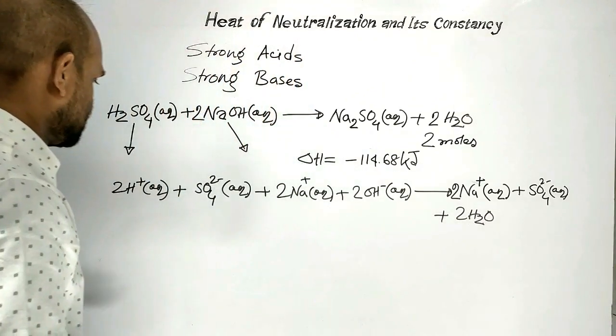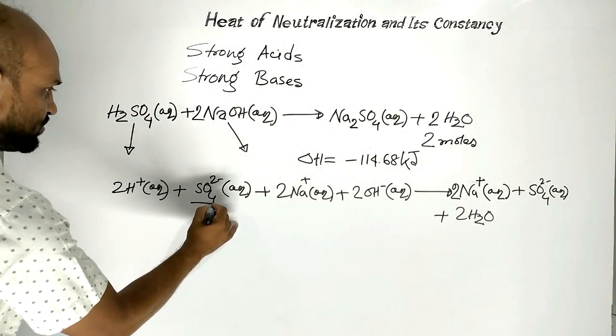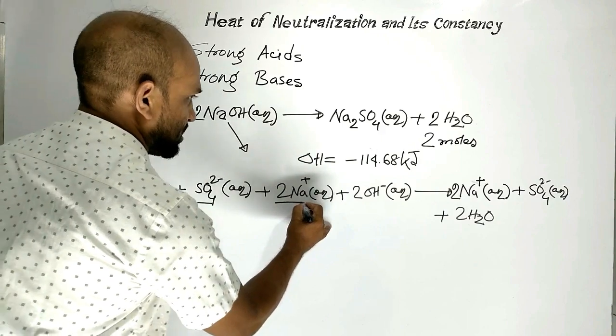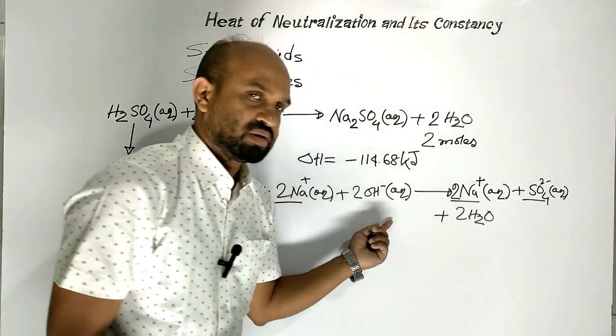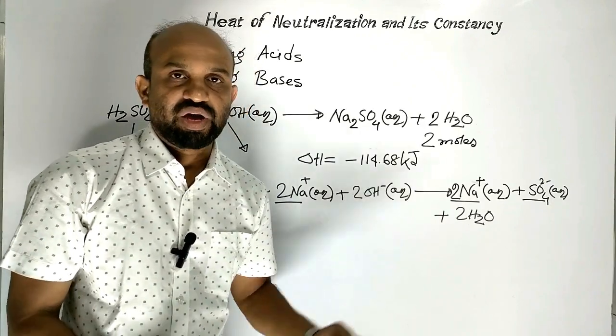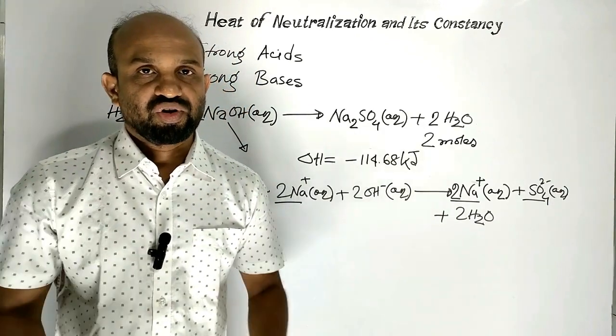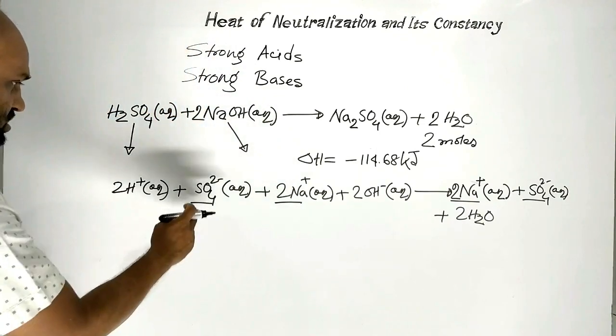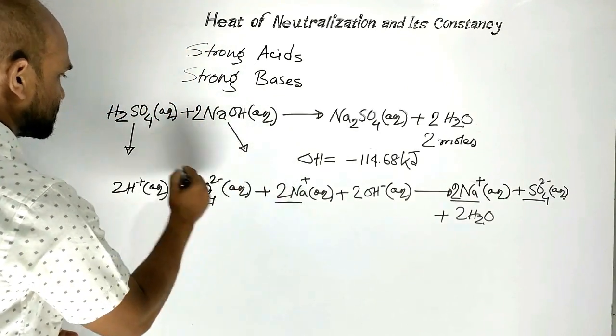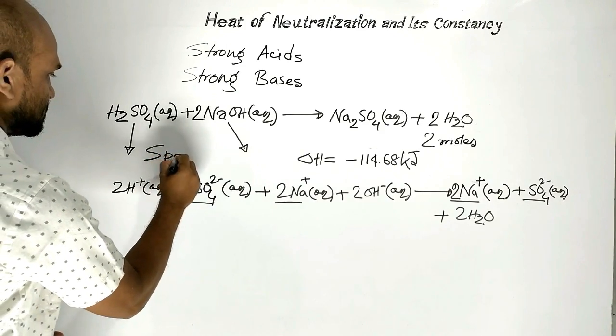In this reaction, sulfate ion and sodium ions remain unchanged before and after the chemical reaction. That is why these ions are known as spectator ions.